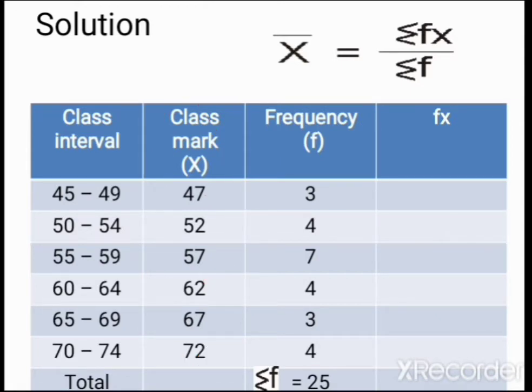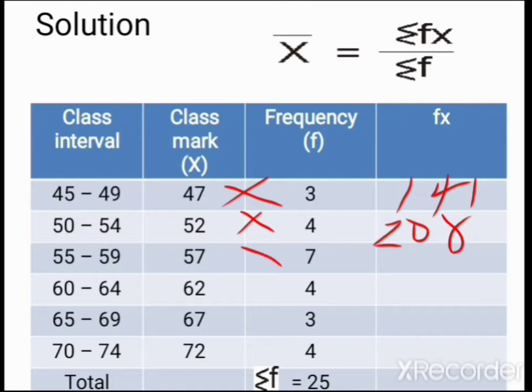So 47 times 3 is equal to 141. That's for that column. Then 52 times 4 is equal to 208. Then we have 57 times 7 is equal to 399.